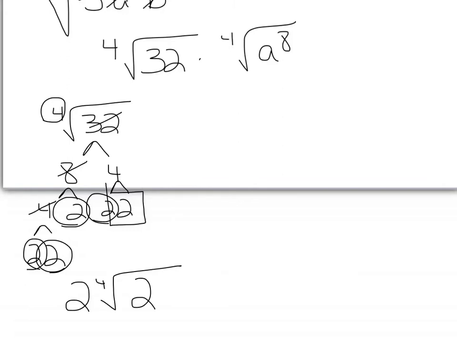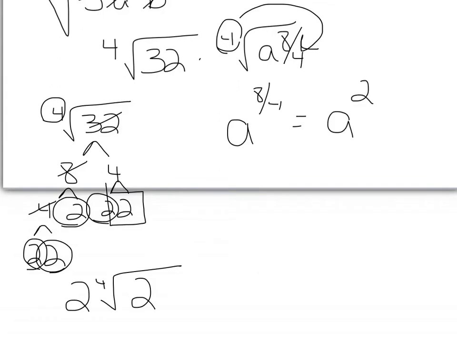And we know that when we are taking the fourth root of a to the 8th, using the rules we used in section 7.2, we can take this 4 from the index and make it our denominator. So this is actually a to the 8 over 4. And we know 8 over 4 is just 2, so this is actually a squared.